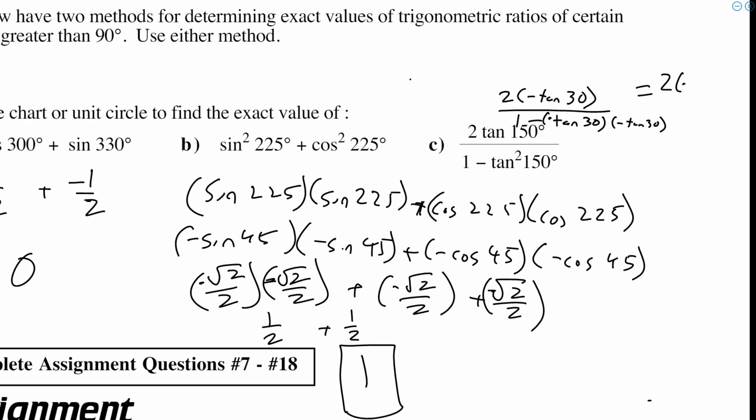2 times negative 1/2 over root 3 over 2. So that's a nice and lovely fraction to work with. But it ends up just being 1 over root 3, which is root 3 over 3.